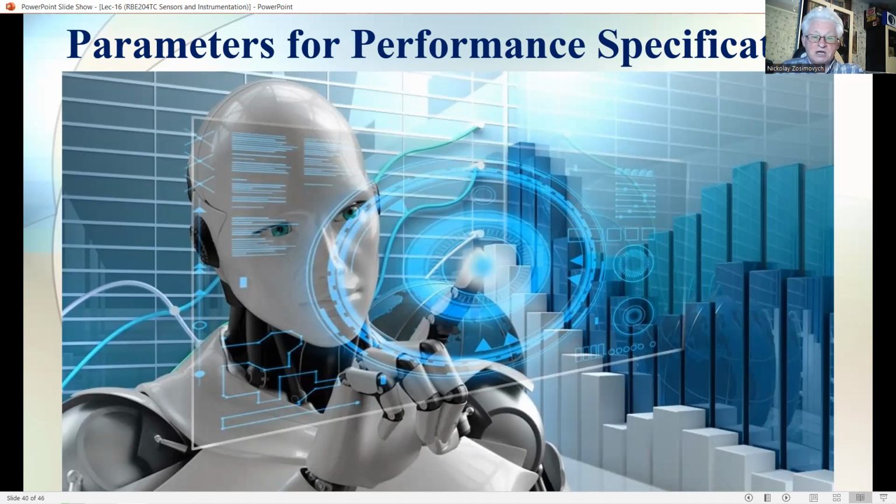Performance parameters in all 3 types are discussed in this lecture. As expected, due to the dynamic interactions in an engineering system, there is some degree of interrelation among parameters of these 3 types.